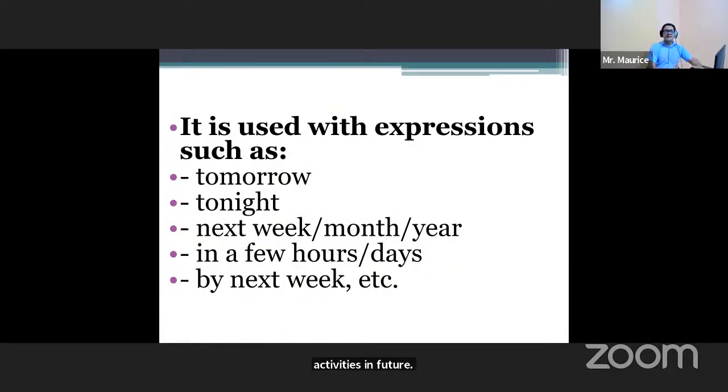Remember in the previous classes, I showed you some time expressions such as yesterday, yesterday morning, yesterday afternoon, yesterday evening, 5 years ago, 2 months ago, 3 days ago, last year, last Christmas, last month, and so on. Here, for be going to, we need also to study more time expressions. Obviously, these time expressions must show future. For example, it is used with expressions such as.